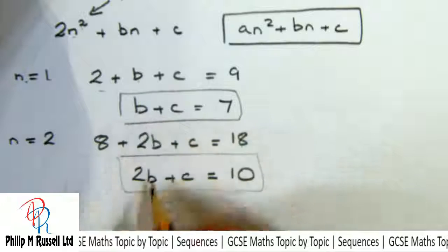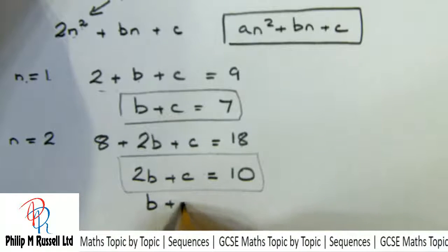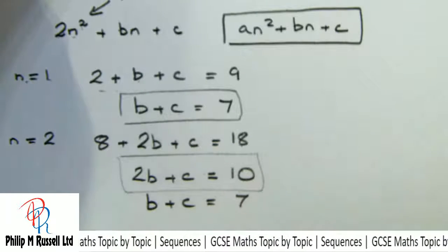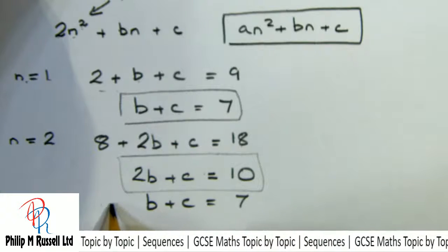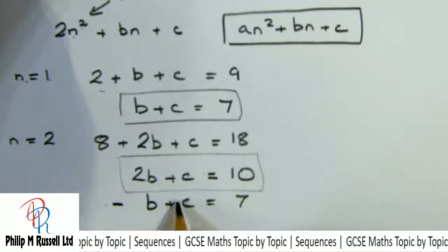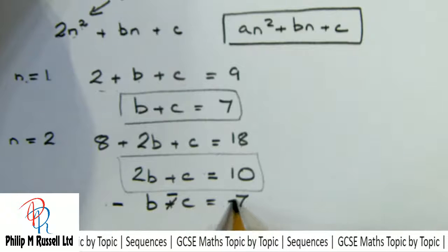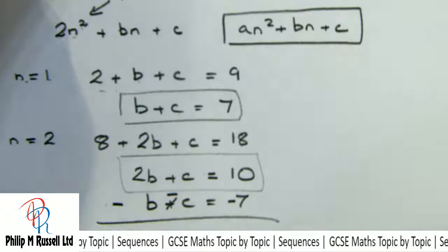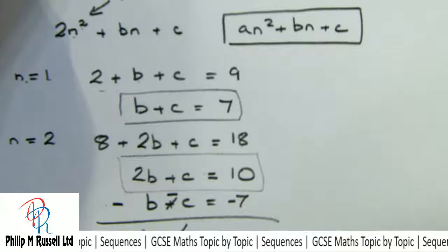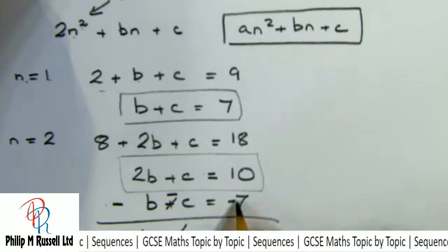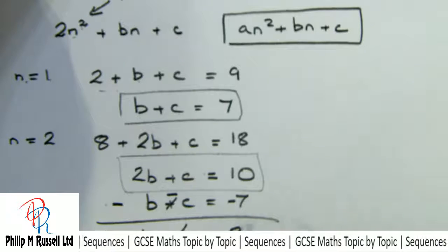Let's put this down underneath, b plus c equals 7, and what I'm going to do is take them away. So this is going to be minus b, this will be a minus c, and this will be a minus 7. Let's do this. 2b minus b gives me b, the c's cancel, and we get here 10 minus 7, 3.